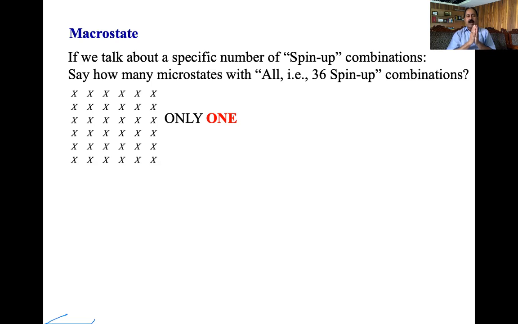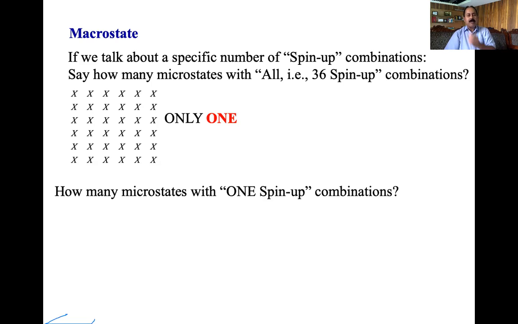So out of these 36 cells in this checkbox, if I want to put each and every particle with spin up, only one configuration is possible. That is only one, right? Say for example now, this way of configuration of microstates is known as a macrostate.